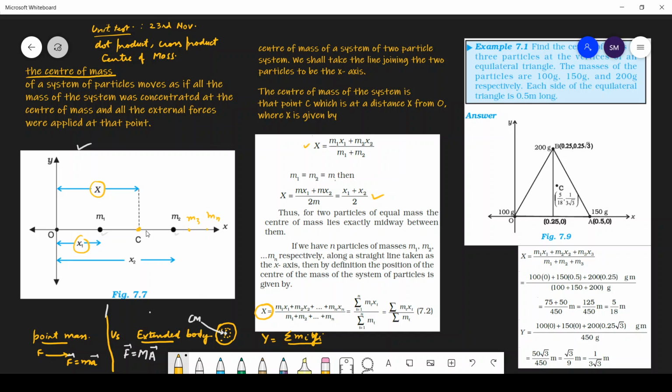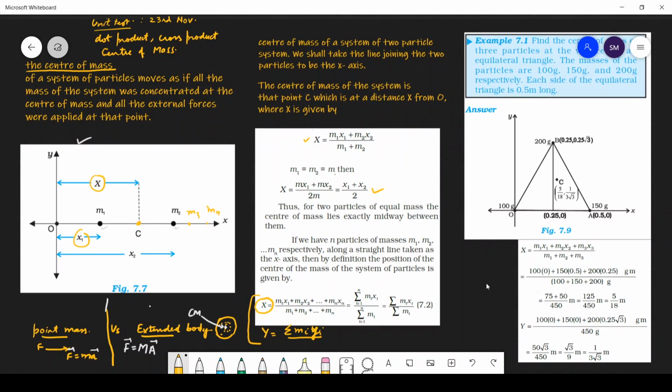If they do not lie on the same line but lie on a plane, then we have the y coordinates also. But if all the masses lie on the x-axis, definitely the center of mass will also lie on the x-axis, so we need to tell only the x coordinate.